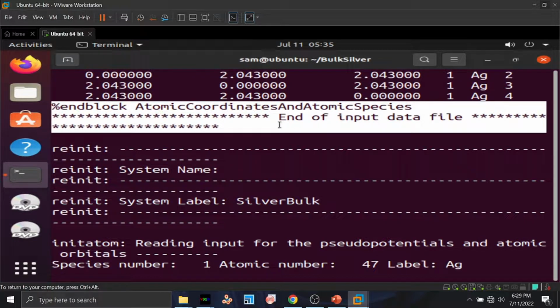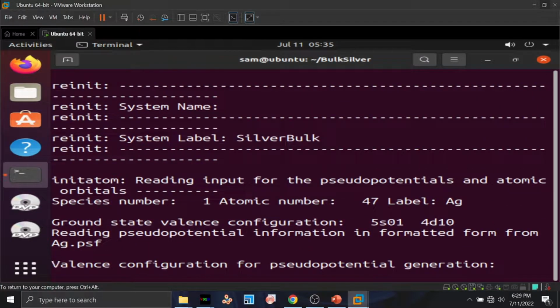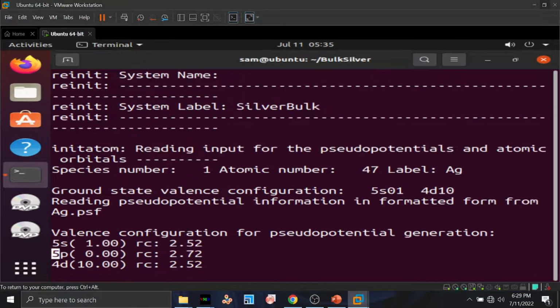Here you can see end of input data file, and from below this the simulation data is shown. So here species number is 1, and the atomic number is 47. The label is silver atomic symbol.